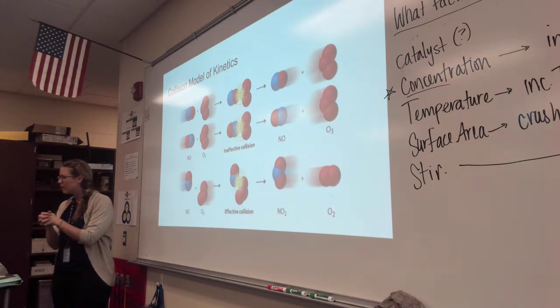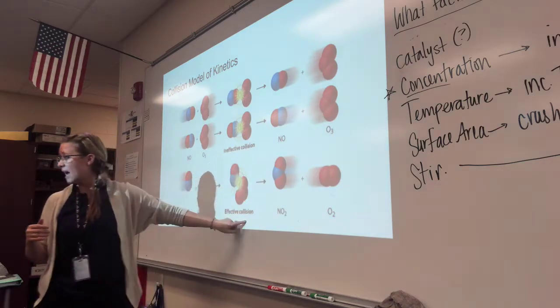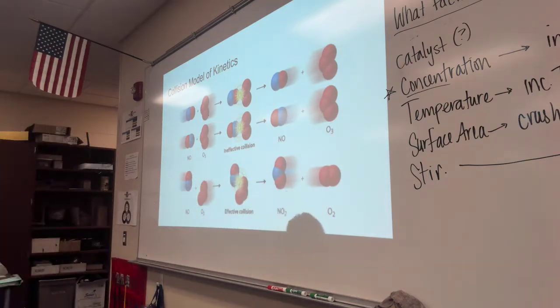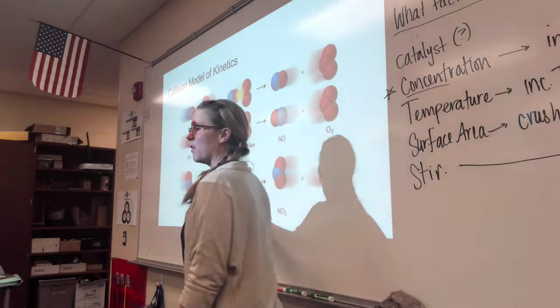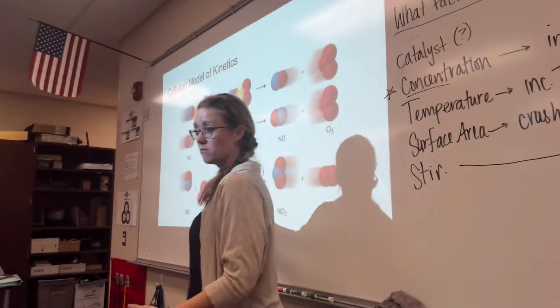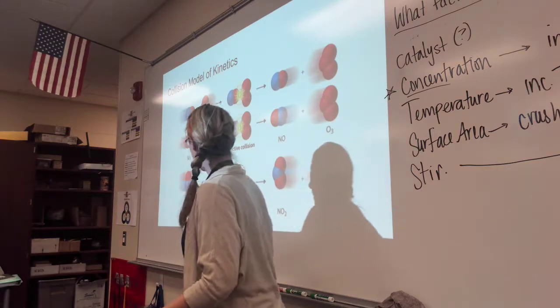For us, what we want to understand is that there are ineffective collisions and effective collisions. Any mechanism that increases the number of effective collisions makes the reaction happen faster. If I increase concentration, more of these molecules means a higher probability of the correct collision. If I stir, there are more opportunities for effective collisions.